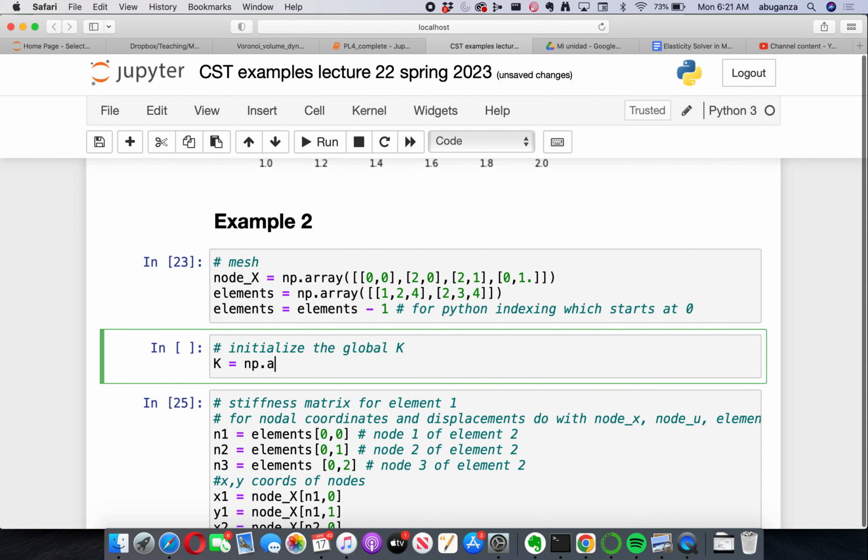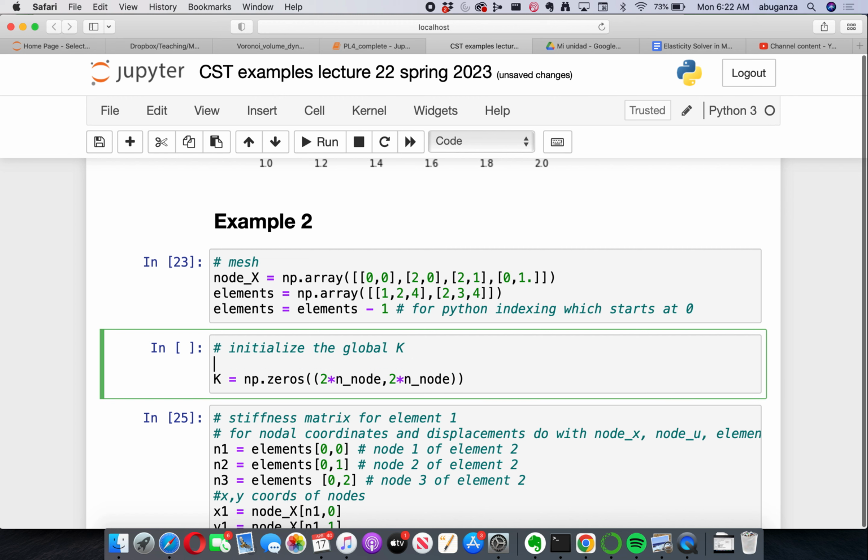The global K is going to be a matrix of zeros, and this one is important. It is 2 times the number of nodes by 2 times the number of nodes, because we are solving for both the x and y components, the x displacement and the y displacement. Just good to keep in mind.